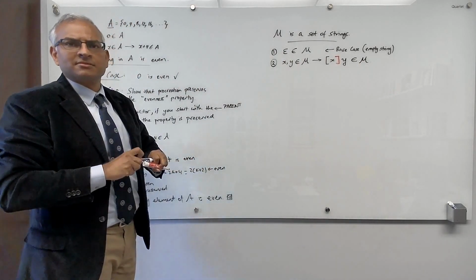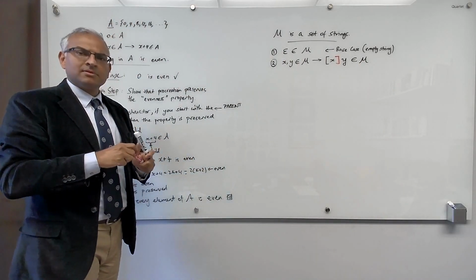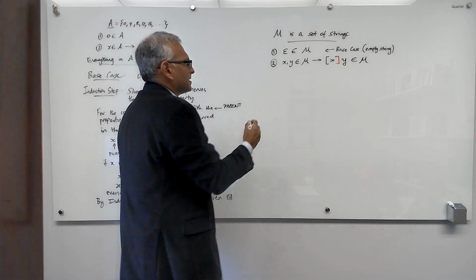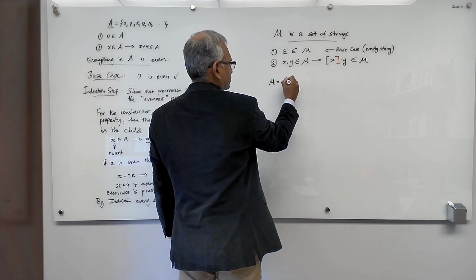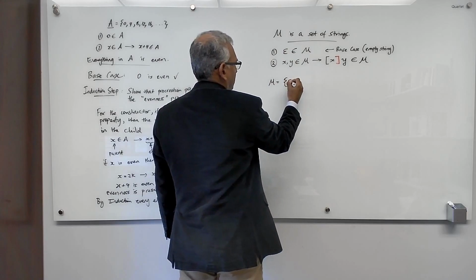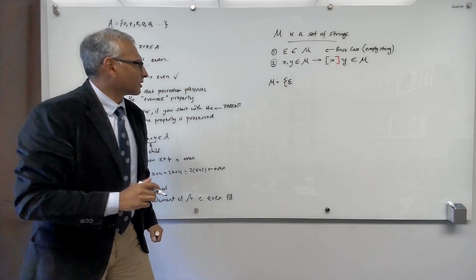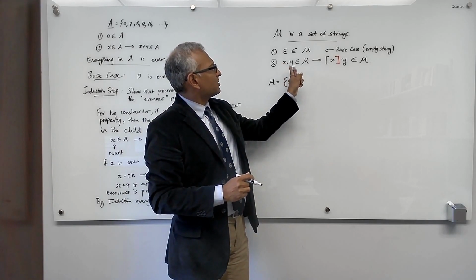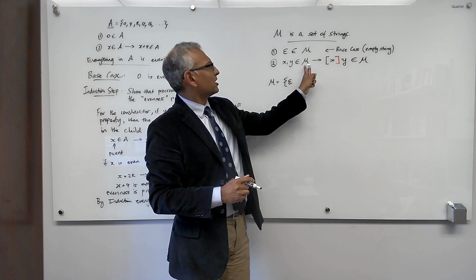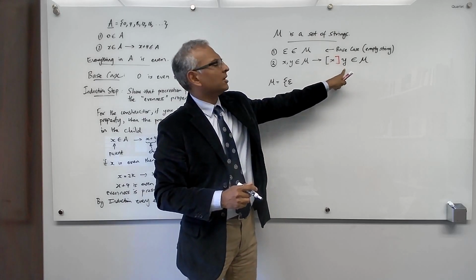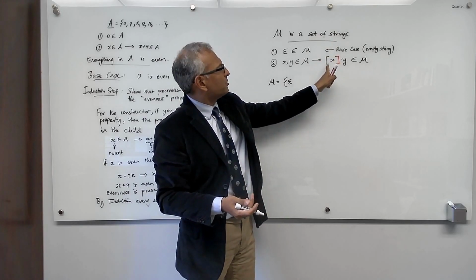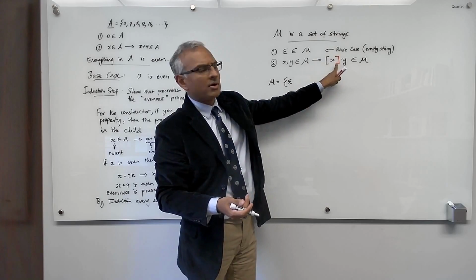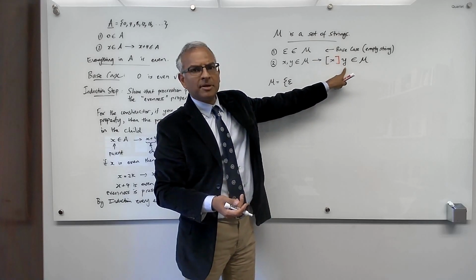So let's construct the strings in M. We know that M starts off, the primordial ancestor is epsilon. Now let's apply the constructor with epsilon. X and Y are in M, so epsilon and epsilon are in M, so I can replace epsilon here. Epsilon is nothing, so that puts an open and a close around the first epsilon, and then you append the second epsilon.